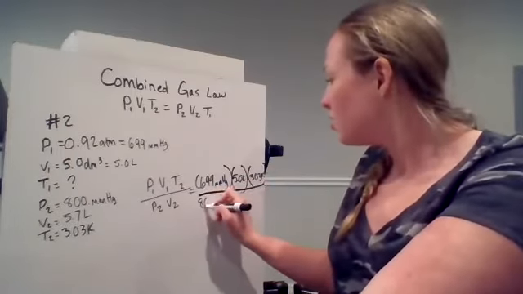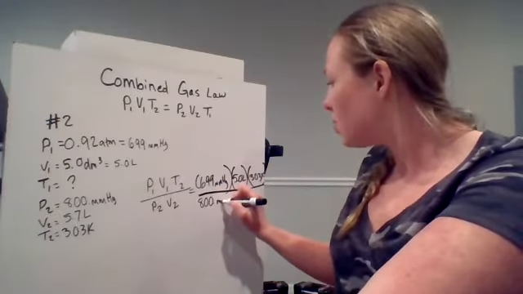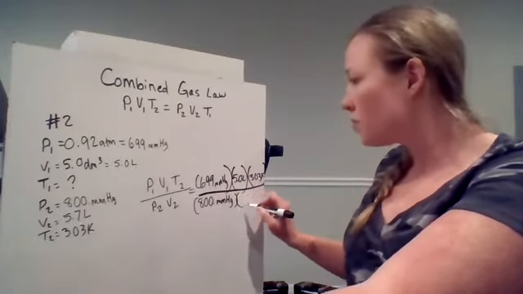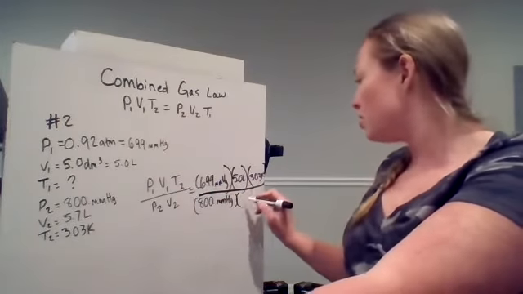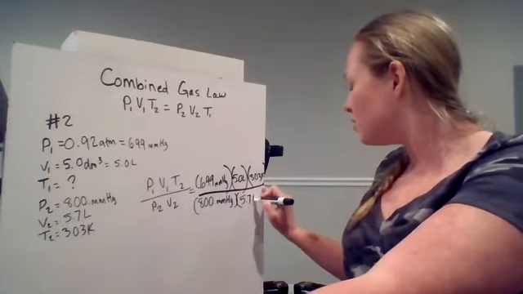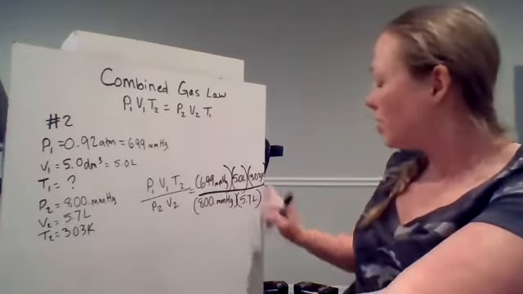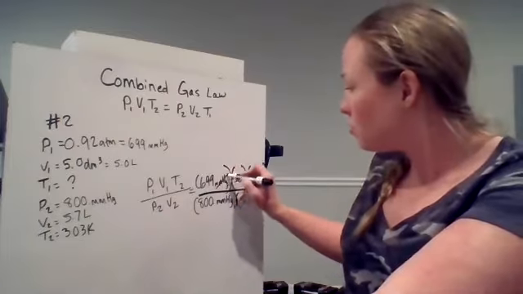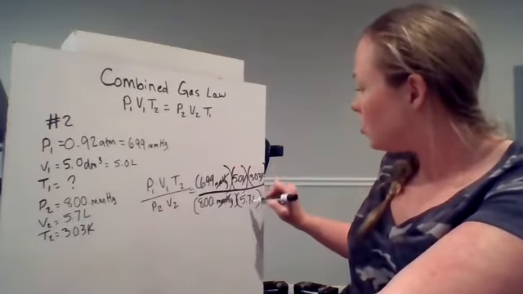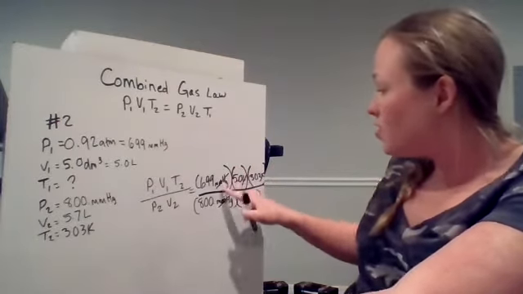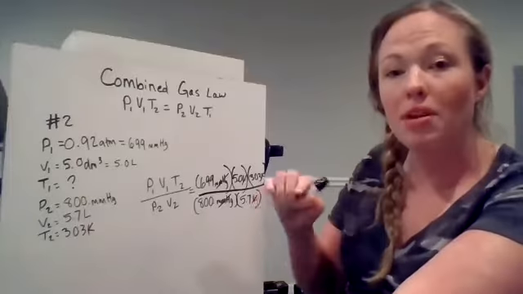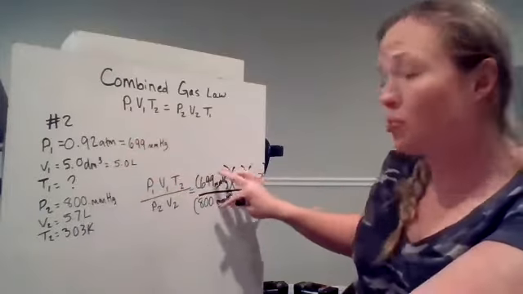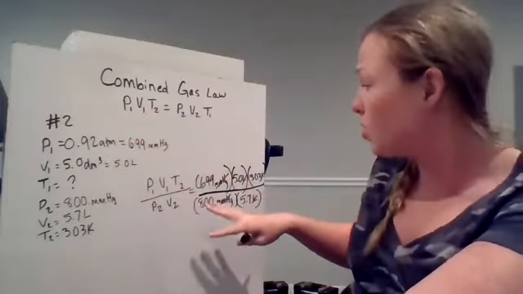Okay, 800 mm Hg. And then V2, which is 5.7 liters. Okay, multiply across the top, divide by the bottom. Anything that repeats on top and on bottom cancels. So millimeters of mercury cancel, liters cancel, and you end up with Kelvin. The cancellation part is why we had to convert those in the beginning. Otherwise, especially our pressures would have caused an issue here, okay?